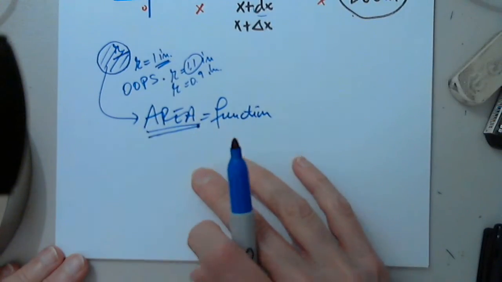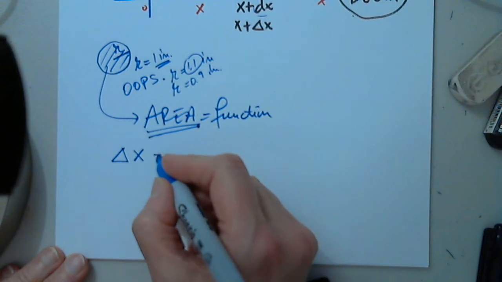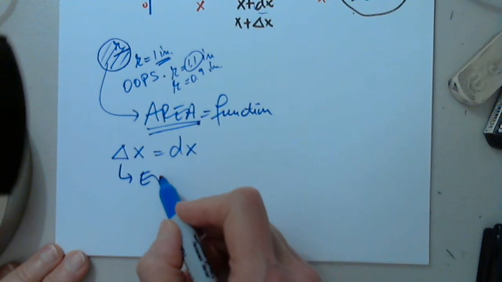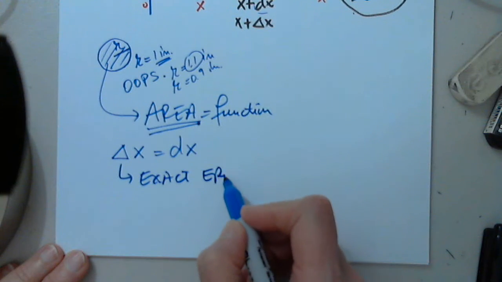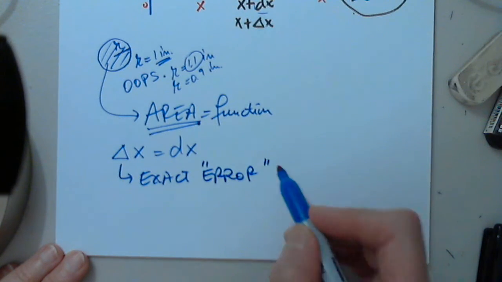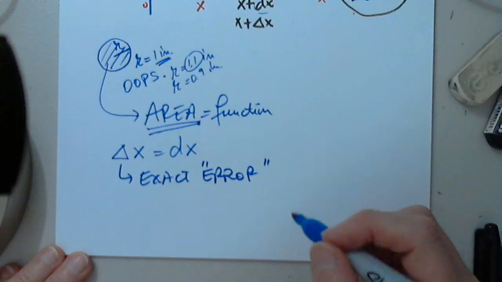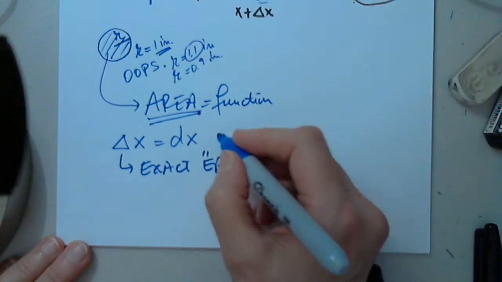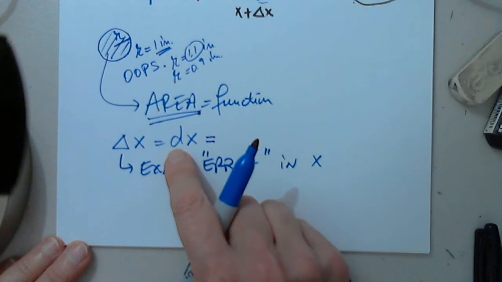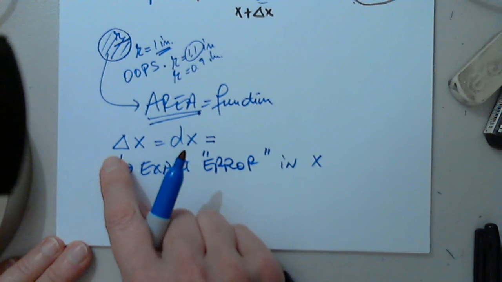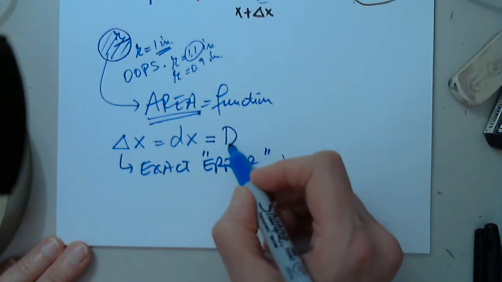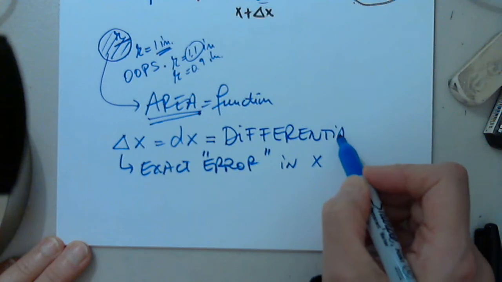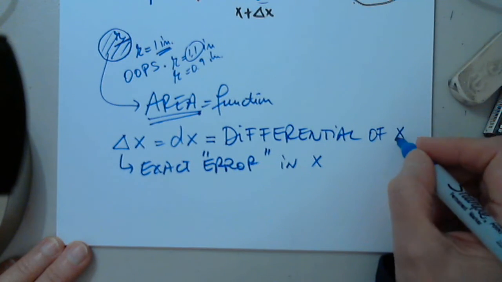So delta x and dx are the same. So this is the exact error, if you want to call it error, or deviation from x, the exact error in x. These are the same, but this is called, because it's d, not delta, dx, this is called the differential of x.